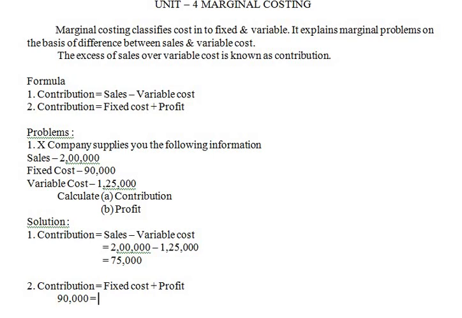Contribution is 75,000, that is equal to fixed cost 90,000 plus profit. Now just go on simplifying this: 75,000 minus 90,000 is equal to profit.